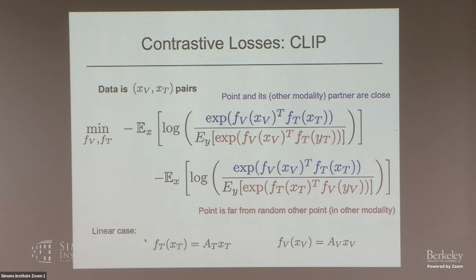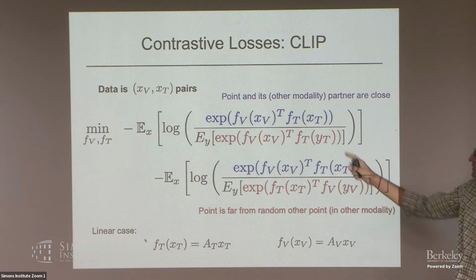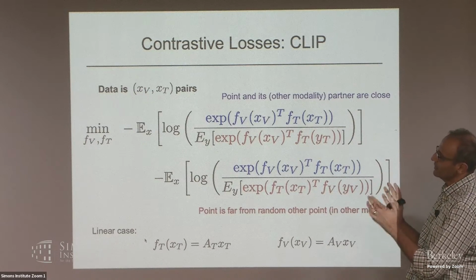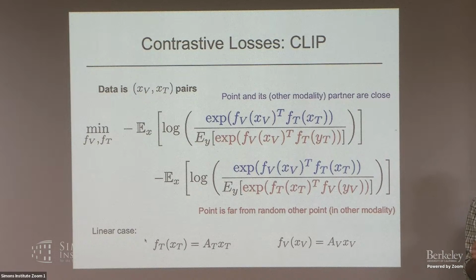Okay. And then what is the multimodal version of this? It looks pretty similar, except now we have two encoders. We have an f_V and an f_T. And the first term: here the partner is in a different modality, right? Previously in InfoNCE, the partner was the same modality because you just took a mirror image of the image and so on.